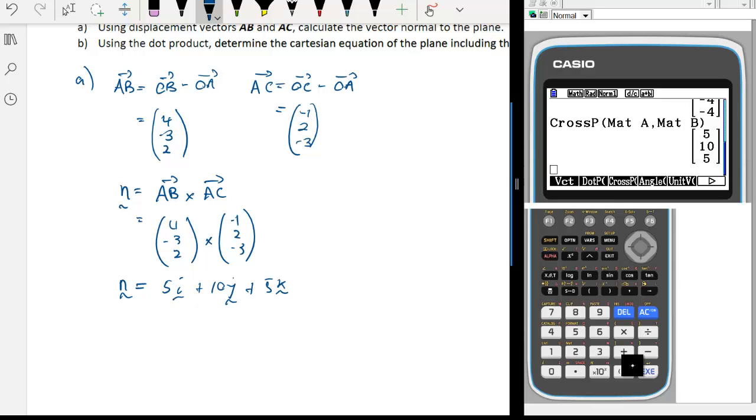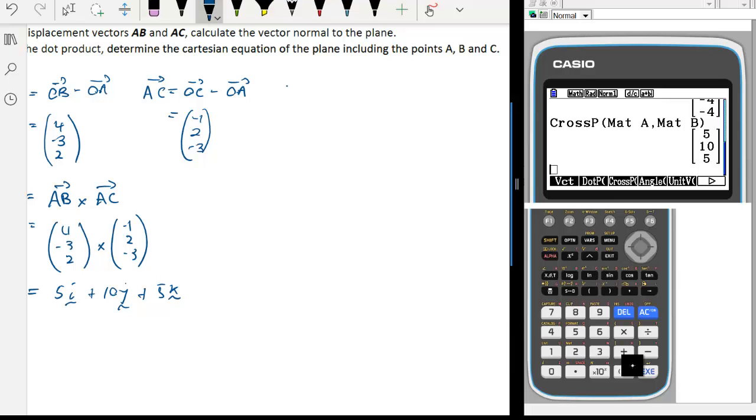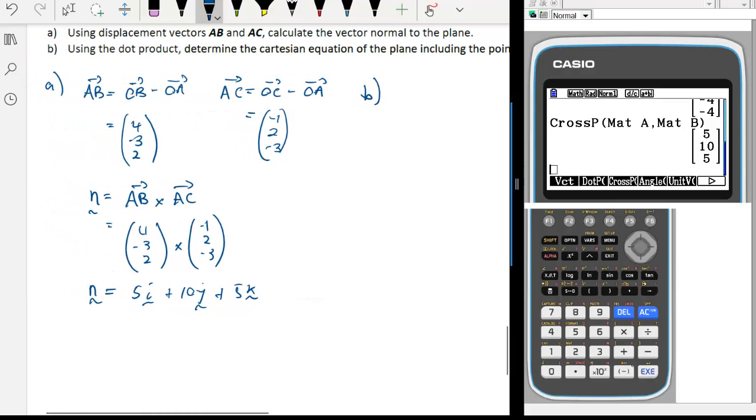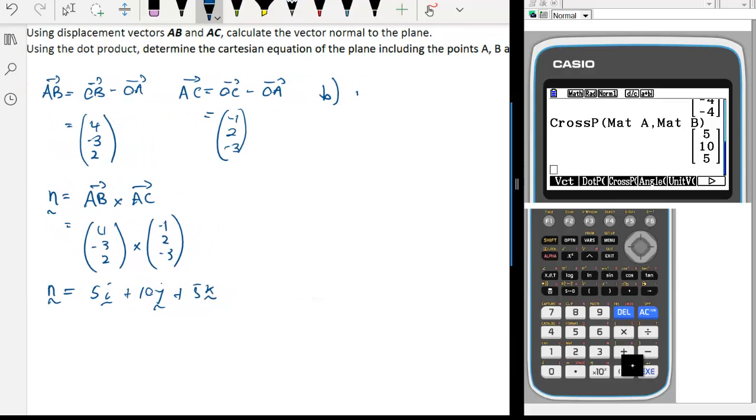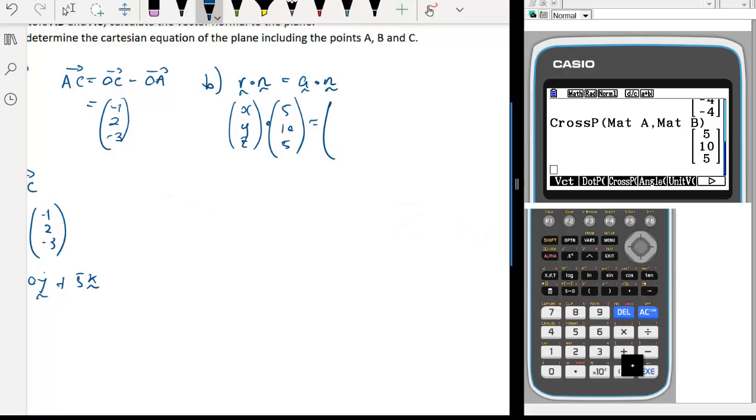So really, really simple, which allows us then to do our dot product, which we can't do on the calculator. But this would just be r dot n equals a dot n. We can't do this one on the calculator because there's unknowns, x, y, and z. So x, y, z dot 5, 10, and 5. Point A is simply 1, 1, and 1, dot 5, 10, and 5 again.